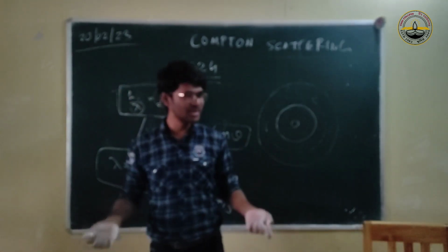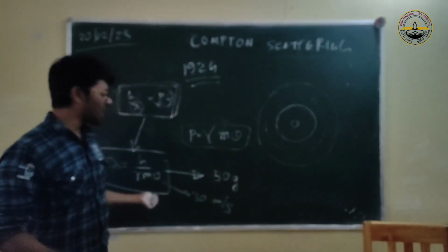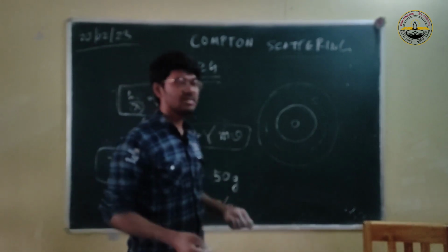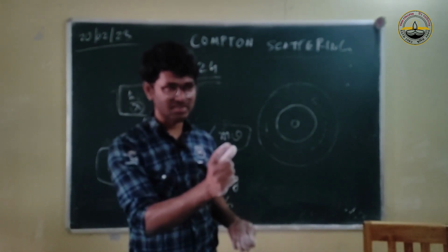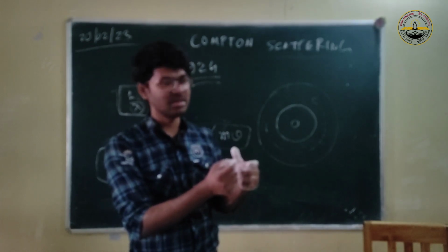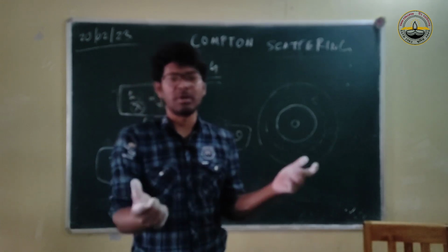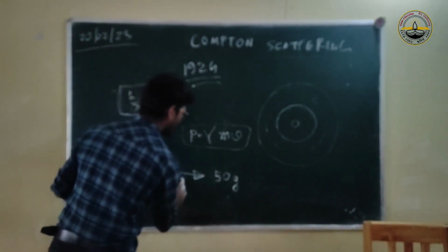You people should also have one; if I'm moving, then I must have a wave associated. Just calculate for the tennis ball. You will see that the wavelength is so small that it's smaller than the size of the tennis ball. If the wavelength is smaller than the size of the ball, then it doesn't matter. We can perfectly consider the ball to be a particle. Forget about the waves.